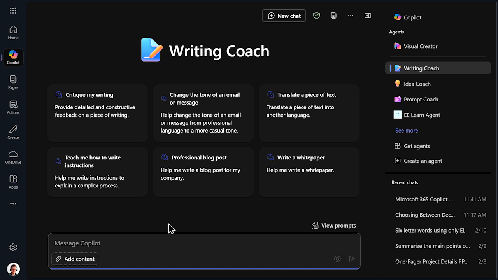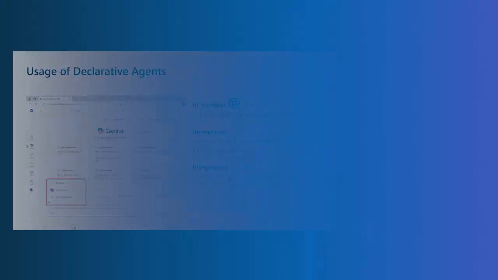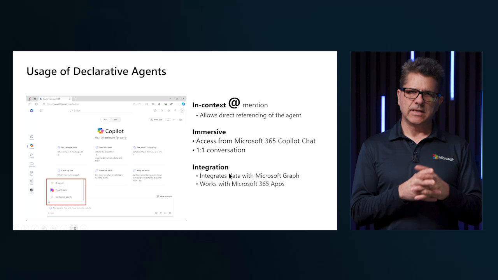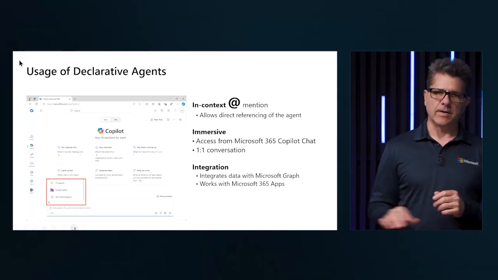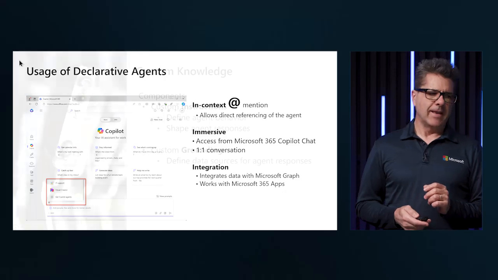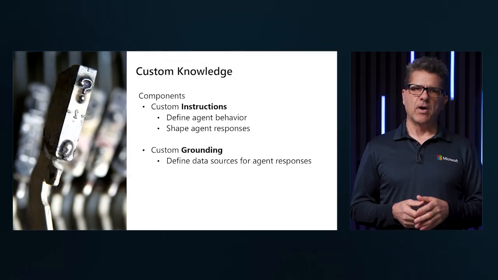And integration with Microsoft 365 apps, that means I can now have in my specific Microsoft 365 apps an integration with that agent. Now that we have seen this in context, the immersive, and the integration with the apps, let's take a look at the custom knowledge.